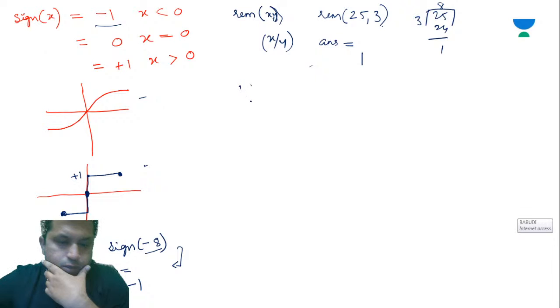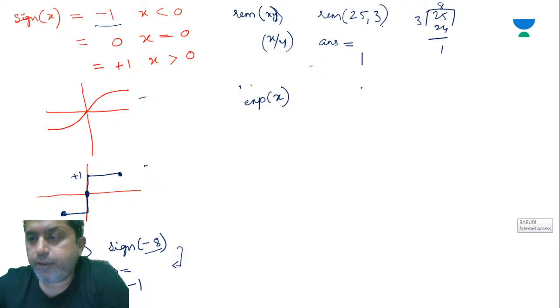Next function is exponential x. When I say exp of 10, what does it imply? e raised to 10.